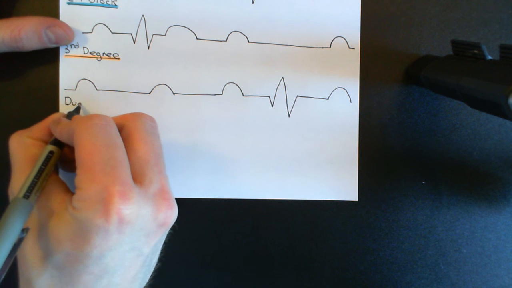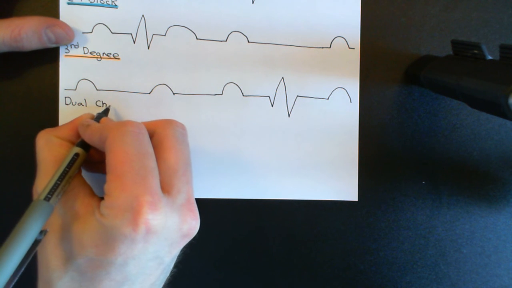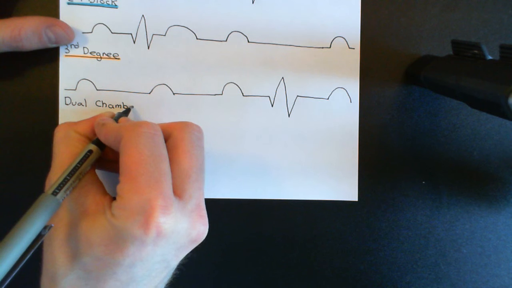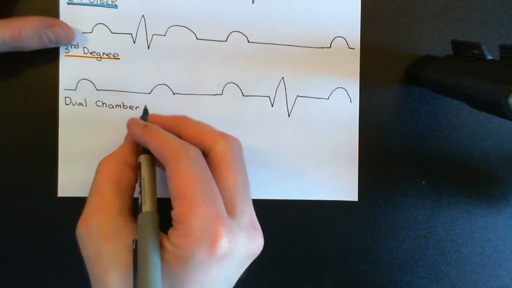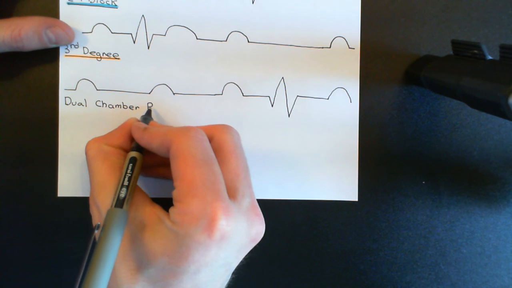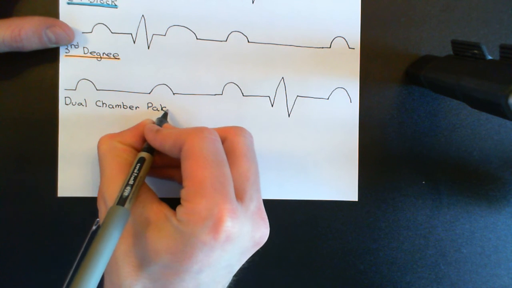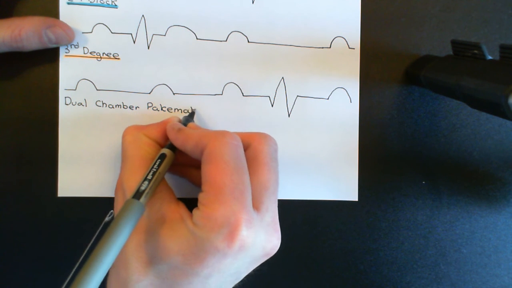We're going to need a dual-chamber pacemaker here, because we need a way of controlling when the atria are contracting and also when the ventricles are contracting, and now there's no connection between the two, so we can't control the way the ventricles are contracting just by controlling the way the atria are contracting. This is why we need a dual-chamber pacemaker this time.